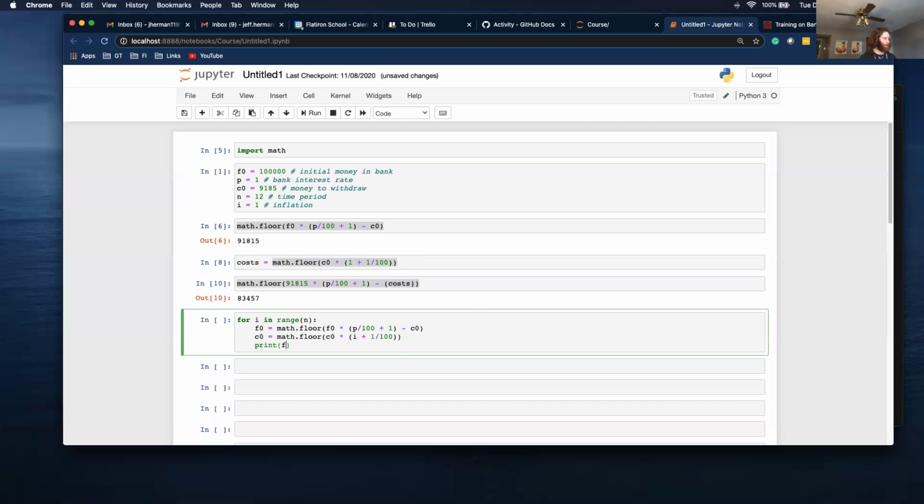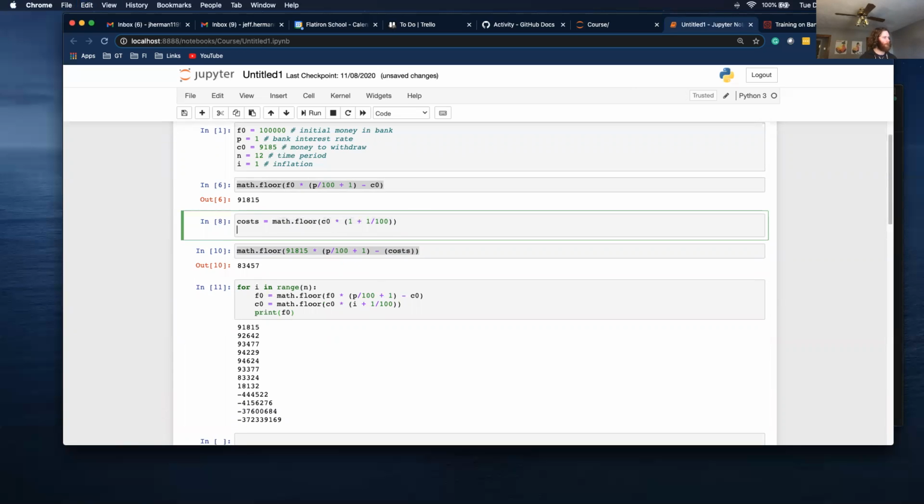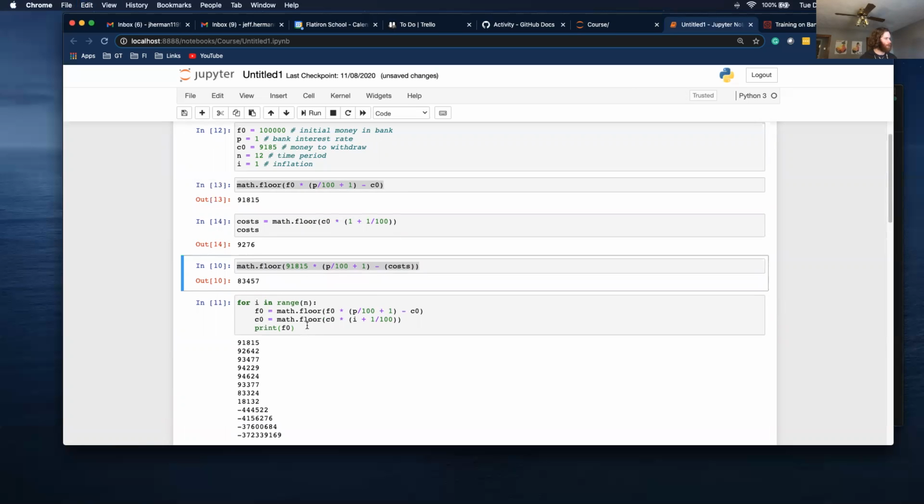Let's just print F0. I get that first one right, but after that it goes terrible. What is my cost? 92.76. Let's print out my C0 as well.